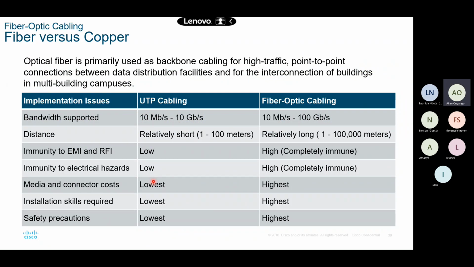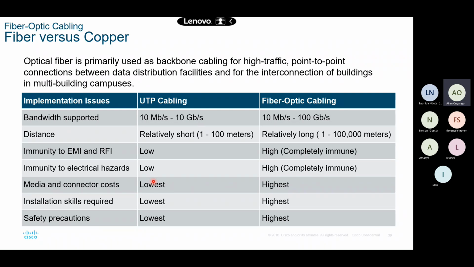Now, it's also important to note the differences between fiber optic and copper. Let's run through the differences along certain themes. Number 1, how much bandwidth is supported. Number 2, what distance can they cover?